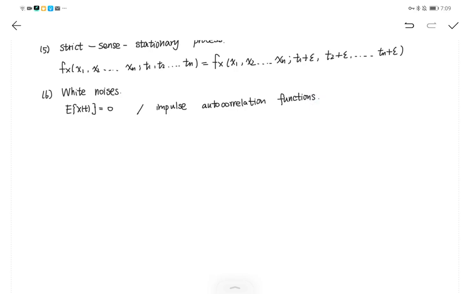If a process satisfies these two conditions, it could be called a white noise. And here is an example: the Wiener process xt and the derivative of the Wiener process. Let's set the derivative function as Vt. So we can find the Vt is a Gaussian white noise with zero mean and impulse autocorrelation function.